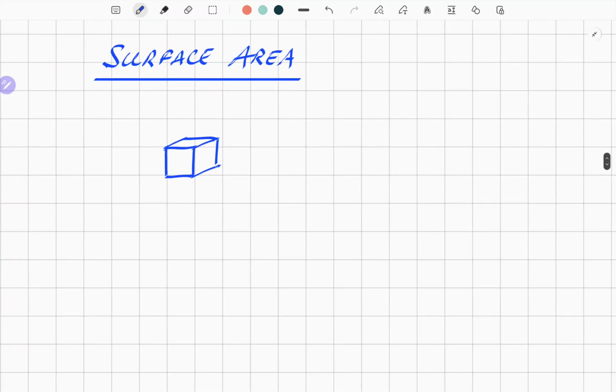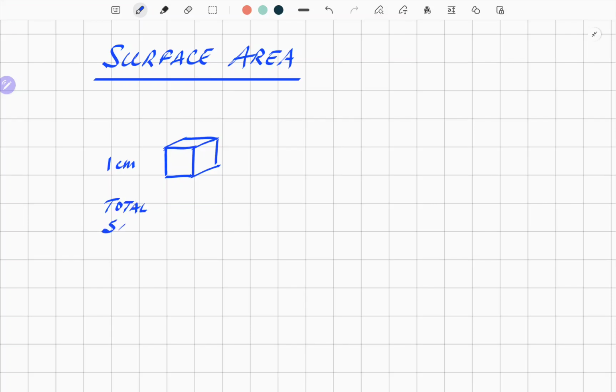Something simple like that, all right? Now, if that's a 1 centimeter cube, then what is the surface area of each of the faces? 1. Right, so what's the total surface area? 6. Good.